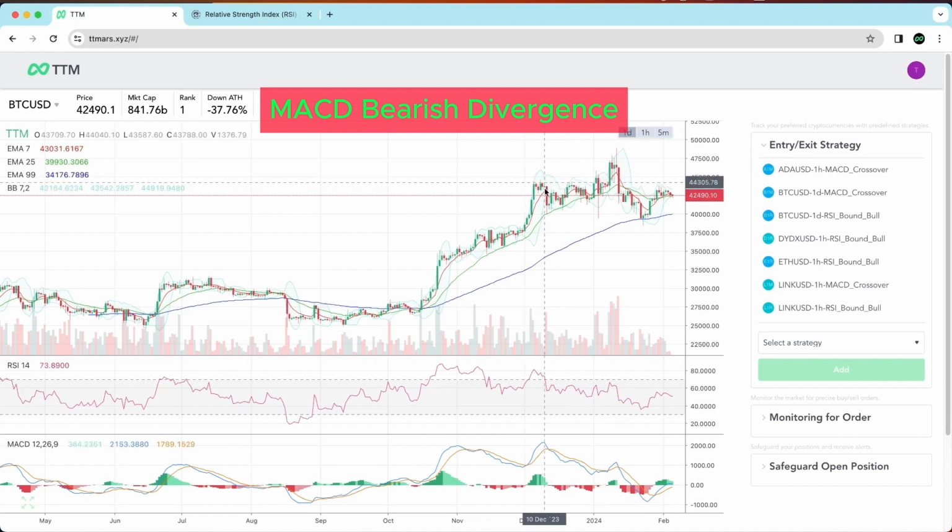But if you check the MACD chart, you can see there are also two highs in the MACD chart, this one and this one. But this second high is much lower than the previous high. So this kind of pattern between MACD and the price forms a strong bearish divergence. It means after this point the market is turning bearish and the price is highly likely to go down after this point.